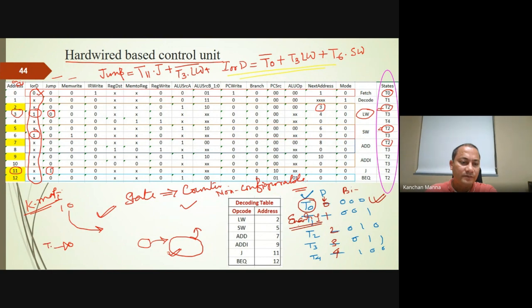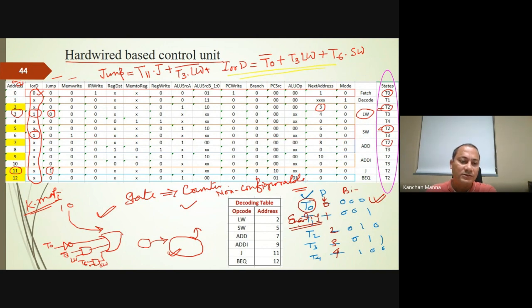Then we have the big OR gate here, so one value would be here, and then we have an AND gate with one input T3 and another input LW. Then we have another AND gate here with one input T6 and the other input SW.